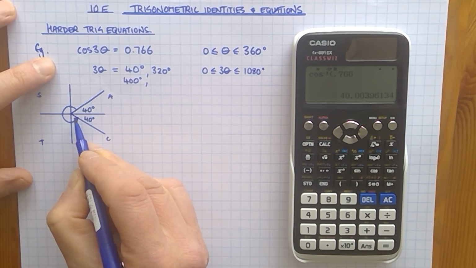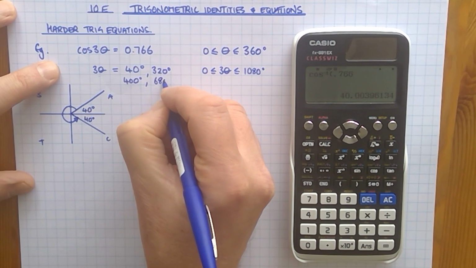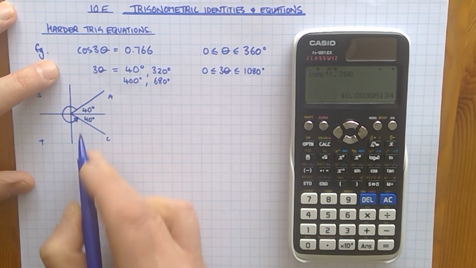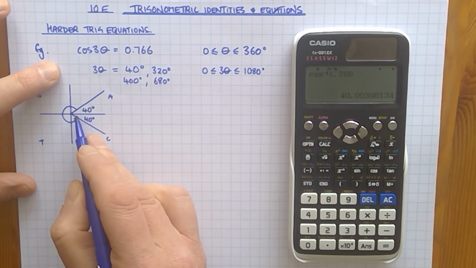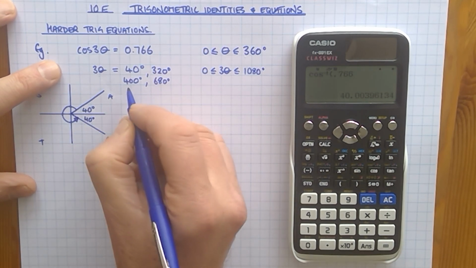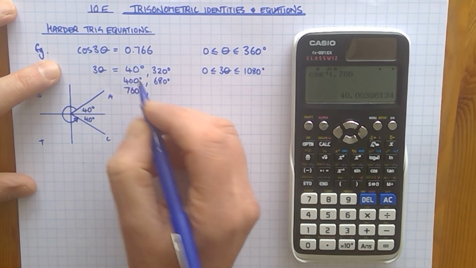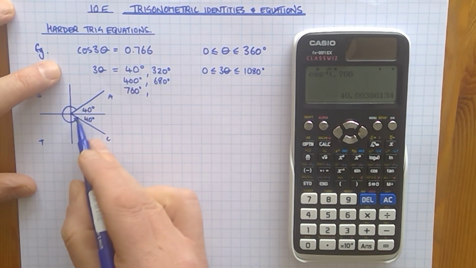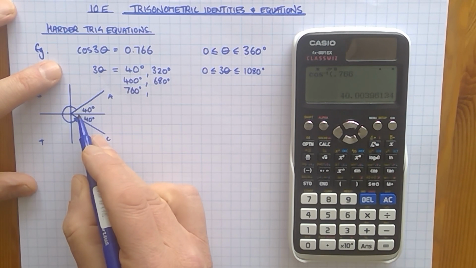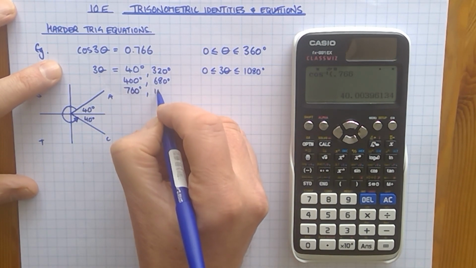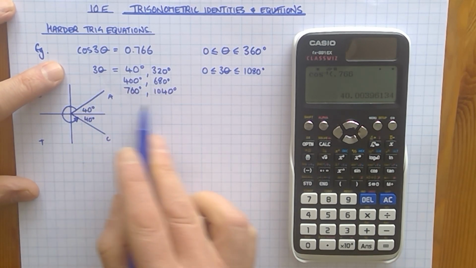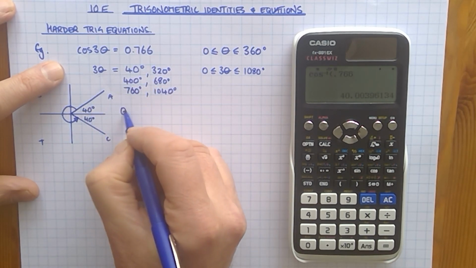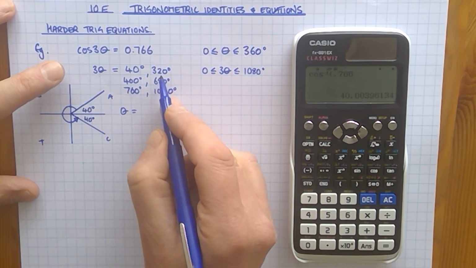So twice round, 720, take away the 40 is 680. 360, 720, and then we can go once more: 720 plus the 40 is 760. 3 turns round will be 1080, less the 40 is 1040 degrees. So 3 theta can be any of these, so theta can therefore be any of these divided by 3.